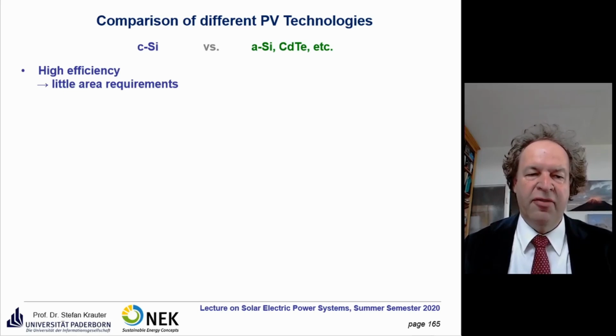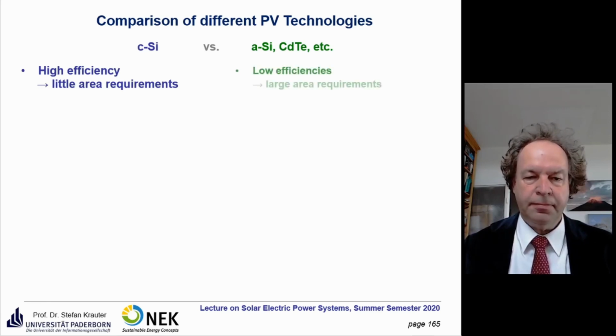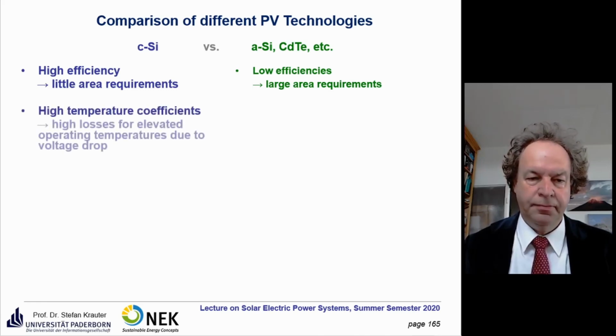So they have the smallest area requirements to produce a certain power. Thin film are usually lower efficiency and require larger areas.